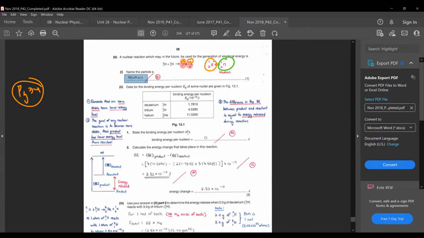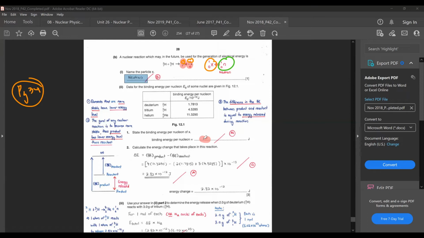You cannot separate it into any more nucleons. So binding energy by definition would be 0. There's no workings, no method to show. It's straight away 0 because you cannot separate a nucleon into another nucleon anymore. All right, and then the next question here is to calculate the energy change that takes place in this reaction.